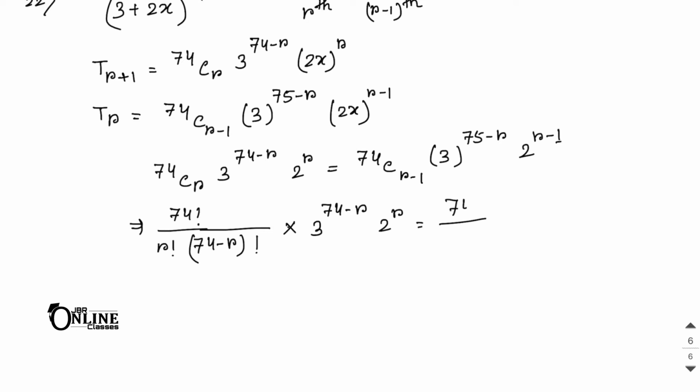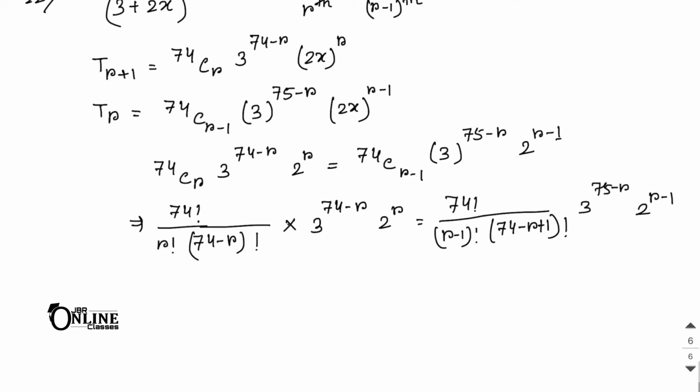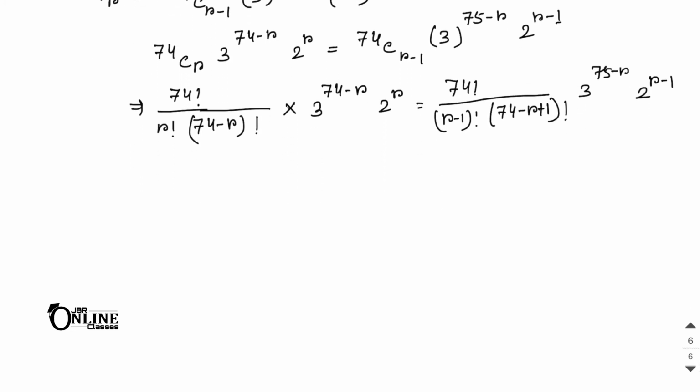Here also 74 factorial, then r minus 1 factorial, and then 74 minus r minus 1, so it will be plus 1 factorial. Okay, so now that one will be 3 to the power 75 minus r, 2 to the power r minus 1. So from both sides 74 factorial cancels out.